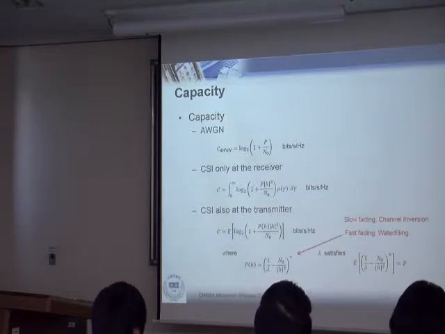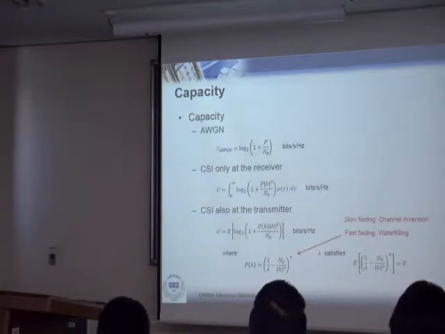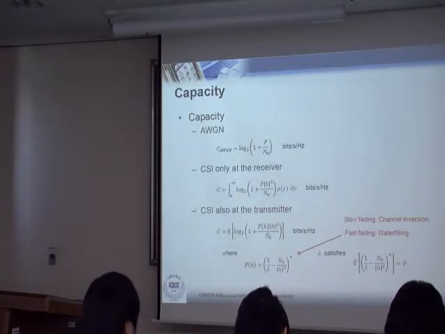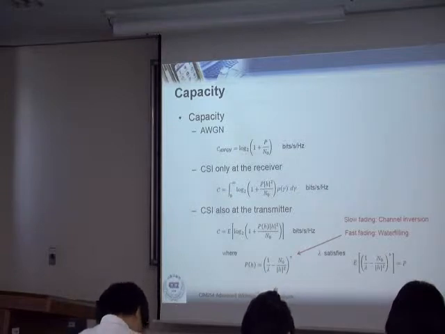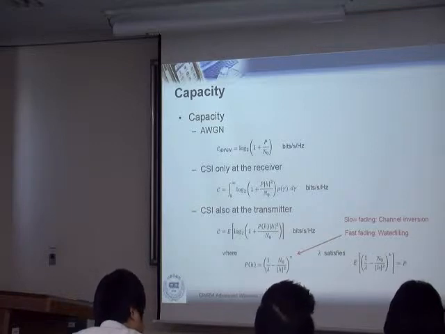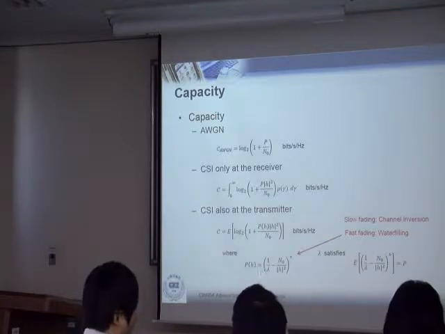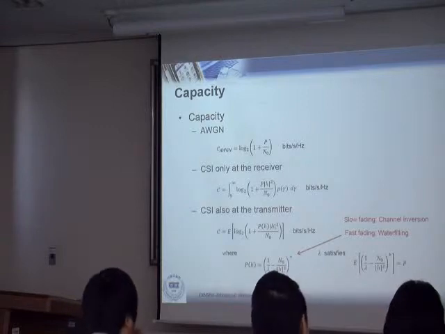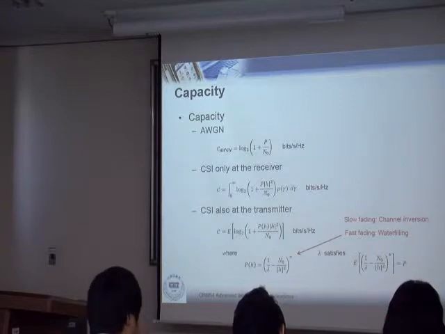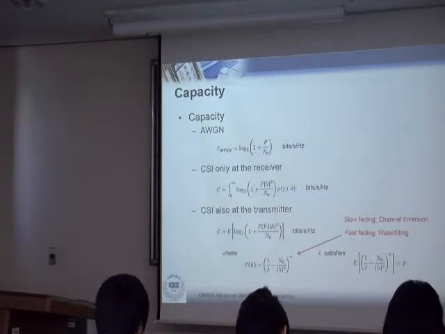Now let's think about fast fading. Let's say this is my fast fading. In case of fast fading, I cannot keep track. So what you can do is maybe you can take some of the duration, maybe from here to here. Each one is very fast, but I can take a certain time duration and I measure the average power. In other words, you want to find out the water level. And put the water level, for example, like this.